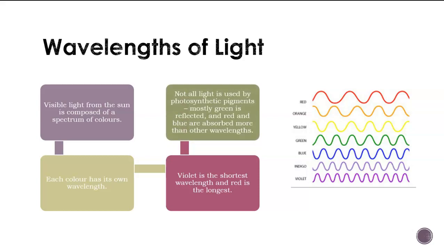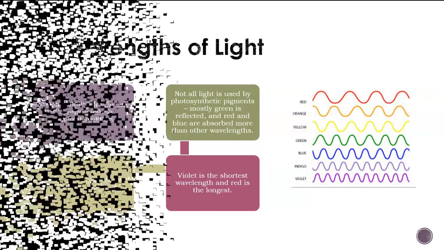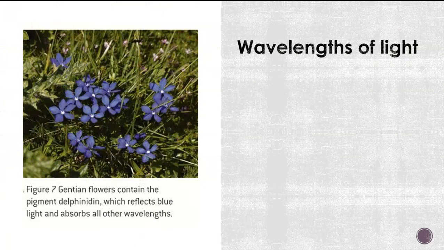And what we said was not all of the light is used by the photosynthetic pigments. Mostly green is reflected, and we said the red and the blue are absorbed more than other wavelengths. And then we looked at the photosynthetic spectrum to go further into that.